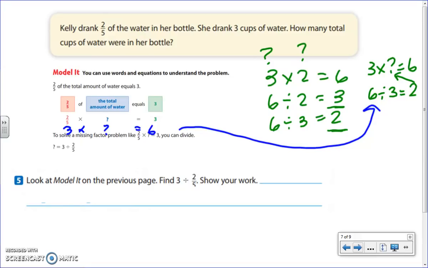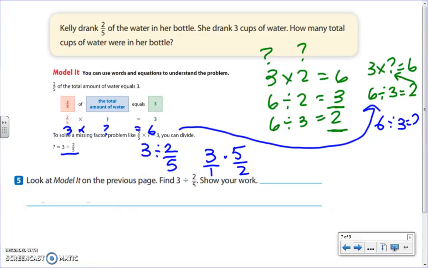So this would turn into 6 divided by 3 equals something, and in this case, we would say 3 divided by 2/5 equals something. So when I figure out what 3 divided by 2/5 is, I can do a lot of things. I can draw a double number line to figure out this, but I'm going to go ahead and use the keep, change, flip method because I think it's the most efficient way for now.